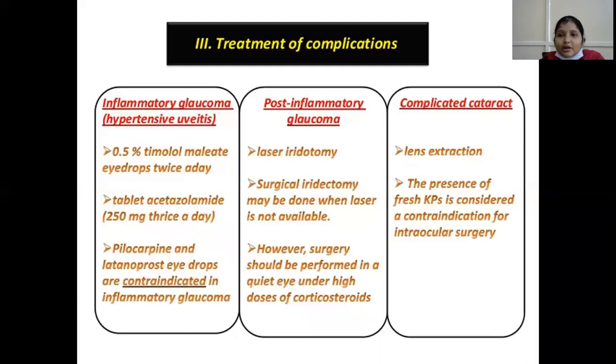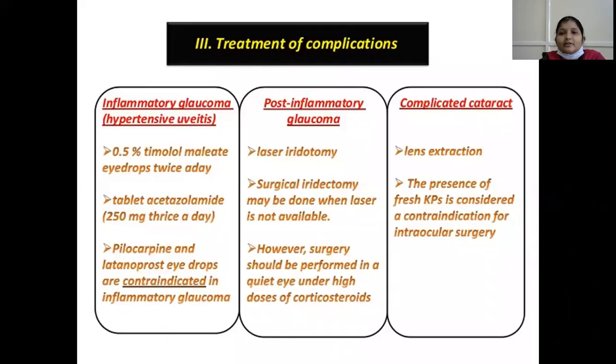The drugs which are contraindicated in inflammatory glaucomas are pilocarpine because it causes iritis. Similarly, latanoprost, that is prostaglandin analogs, also lead to increase in the inflammation. So we have to remember that all anti-glaucoma drugs can't be used in uveitis. Pilocarpine and prostaglandin analog drugs should not be used in uveitis-induced glaucoma.